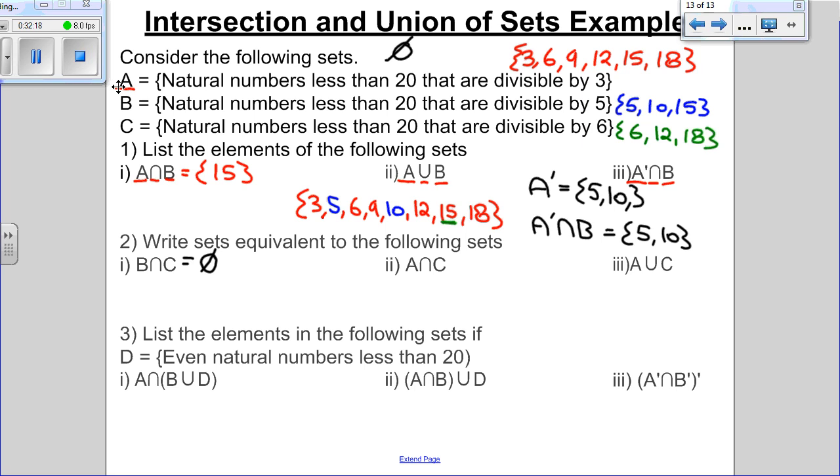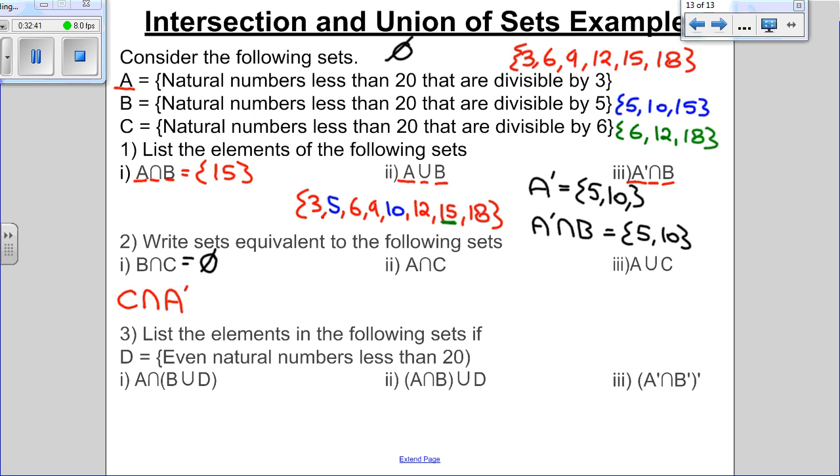The things that are in C are 6, 12, and 18. The things that are in not A are 5 and 10. So there would be no intersection there. So that would definitely be an empty set. These are equivalent. They have the same things inside of them.